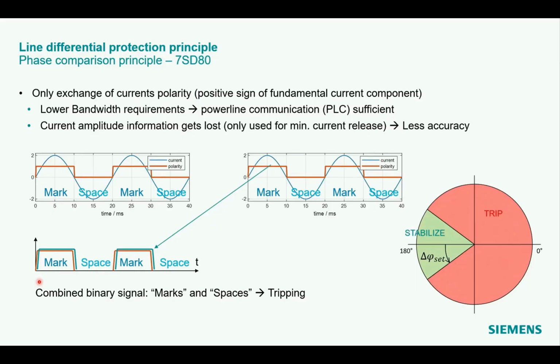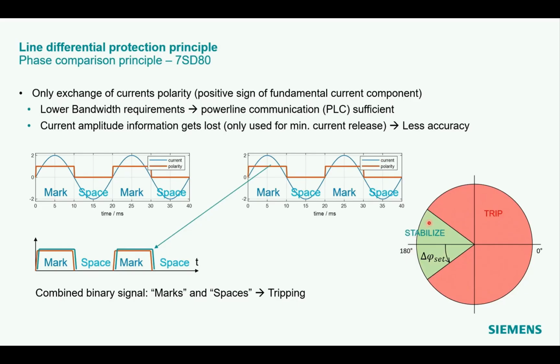If we plot the operating characteristic of the phase comparison relay with regards to the differential phase angle, we get the following two-sector diagram on the right-hand side. If the phase difference is about 180 degrees, the relay will stabilize.